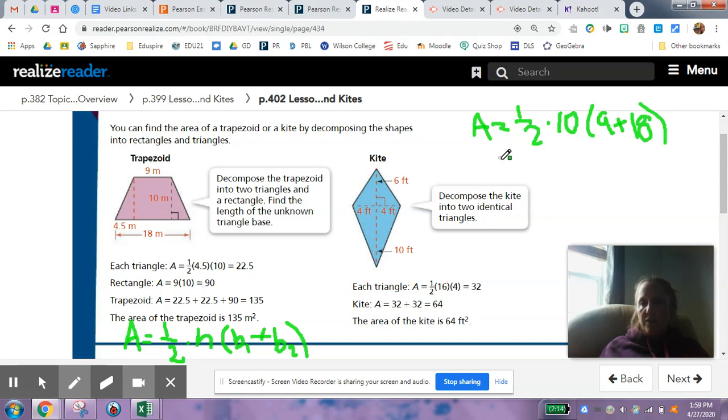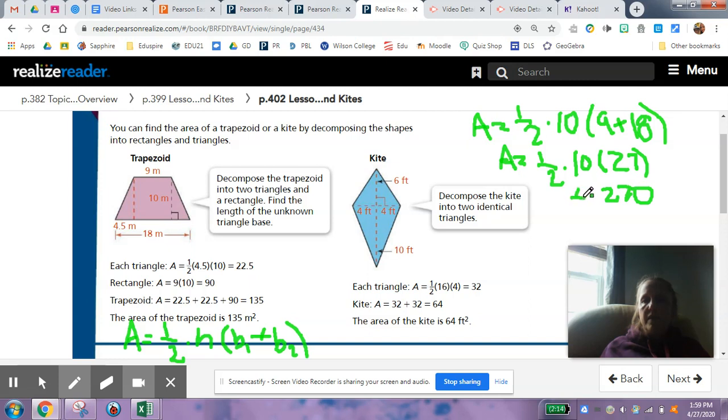Okay, so we still have to follow order of operations here. I have 1/2 times 10, and then I'm going to add what's in parentheses. That gives me 27. 10 times 27 is 270.